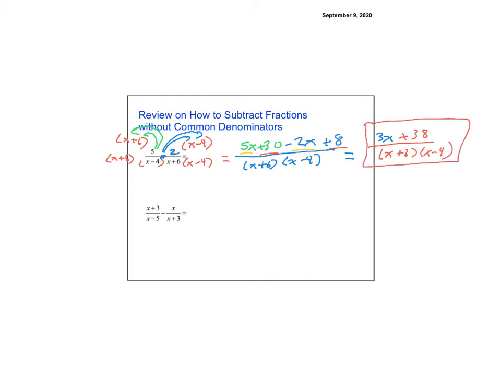All right, and then the one down here, we do not have a common denominator, so let's find the common denominator. It's going to be x minus 5, x plus 3. So I'm missing an x plus 3 here. Over here, I'm missing an x minus 5.